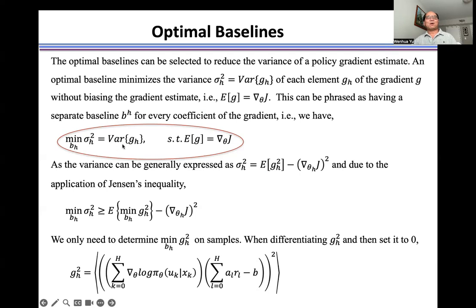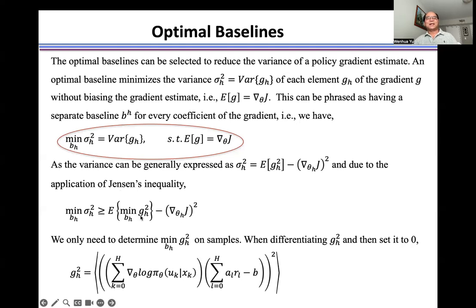This is just a minimization problem with a constraint. Because we use the baseline for each example in the training data set, we finally use this Jensen formulation.